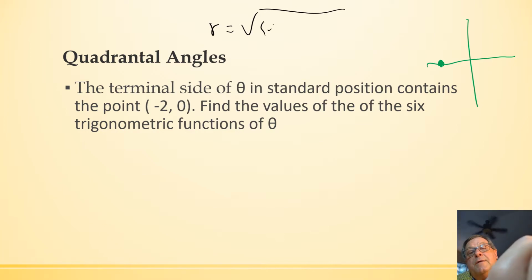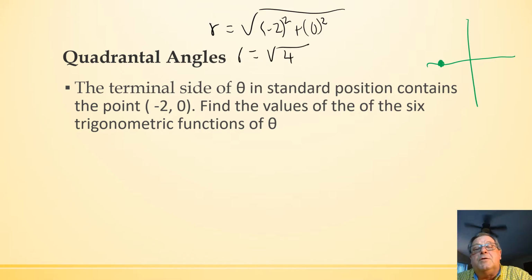So here we'd have the square root of negative 2 squared plus 0 squared. Well, of course, that's just the square root of 4. Negative 2 squared is 4, 0 squared is 0, and therefore r would equal 2.